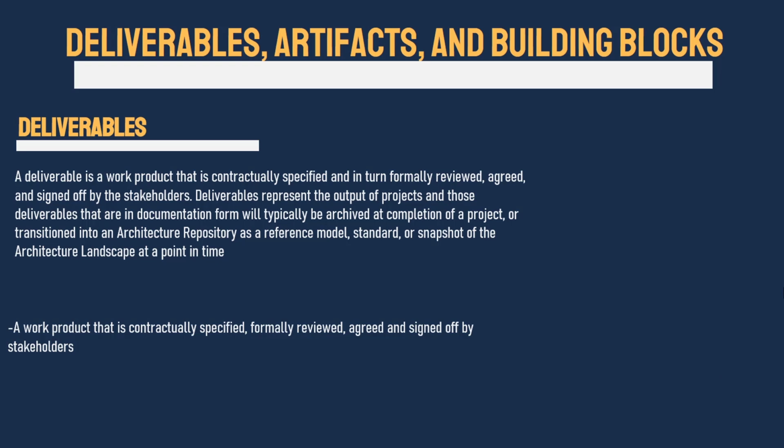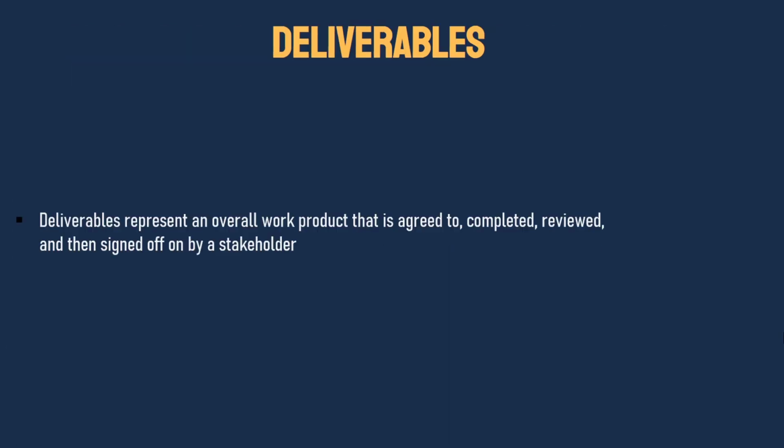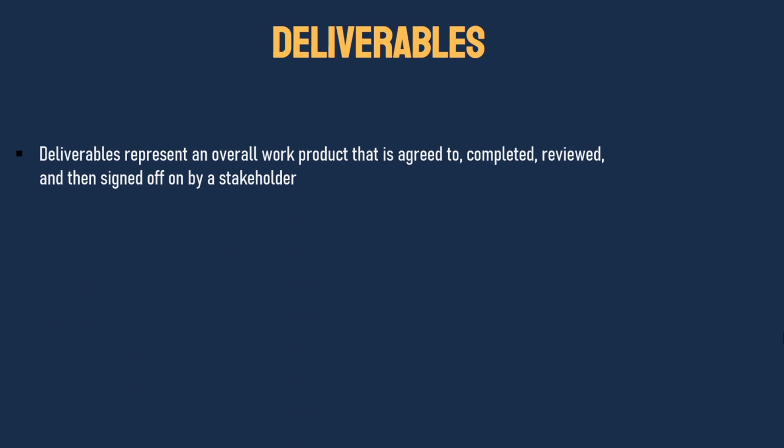Let's explain it once again in a fresh manner. Deliverables represent an overall work product that is agreed to, completed, reviewed, and signed off by stakeholders. Imagine a deliverable as being something you have to produce, something you have to finish at the end of the day, something that you promised.